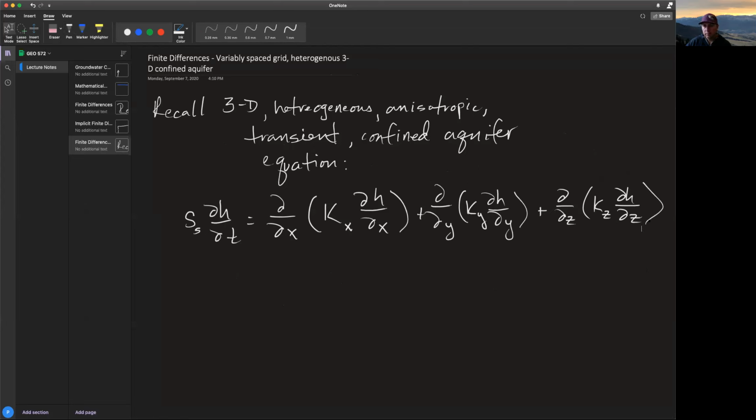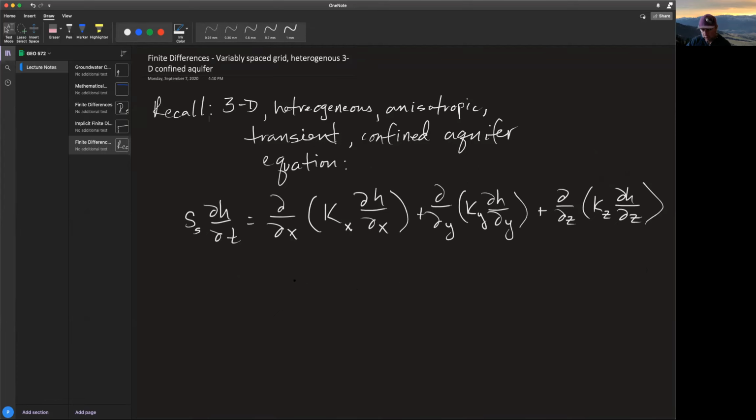So this is our three-dimensional heterogeneous anisotropic transient confined aquifer equation. And we're going to look at developing a finite differences solution for this equation.